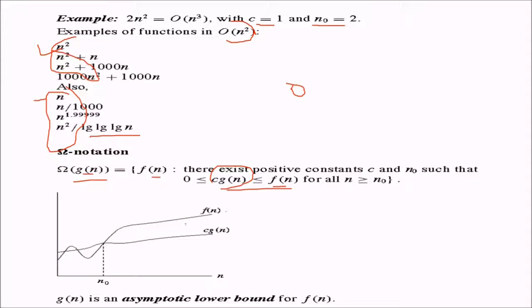This cgn is a lower bound of fn. We are talking about fn only, and this n should be greater than or equal to n0, because just before n0 we are not worried, these numbers are smaller so this will change, but after this n0, this below curve will always be guiding, or will be the lower bound of fn.